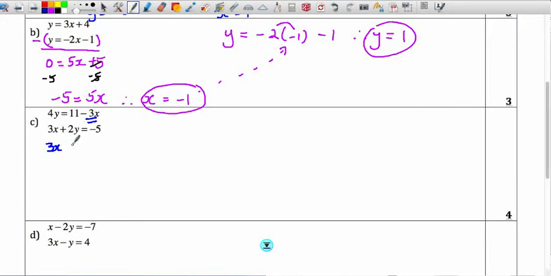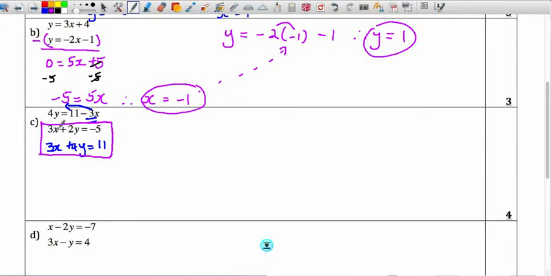If I do that, I'm going to get 3x plus 4y is equal to 11. Essentially all I did was move that minus 3x to the left. It became plus 3x, and then plus 4y equals 11 is the same.